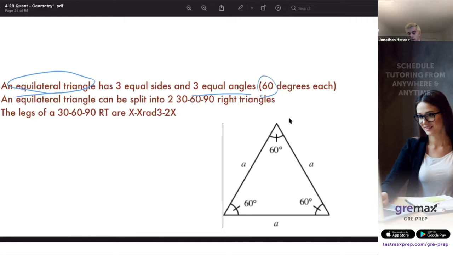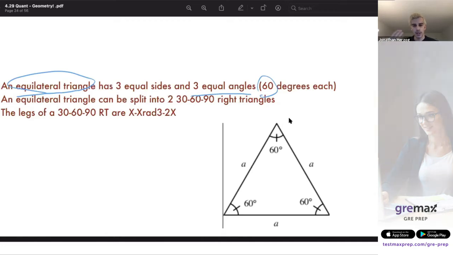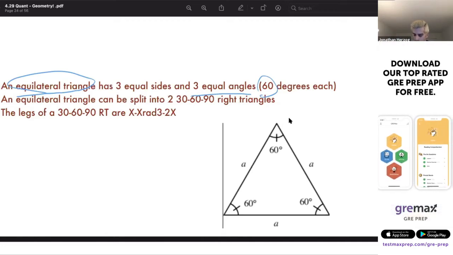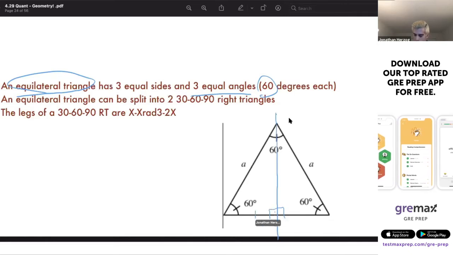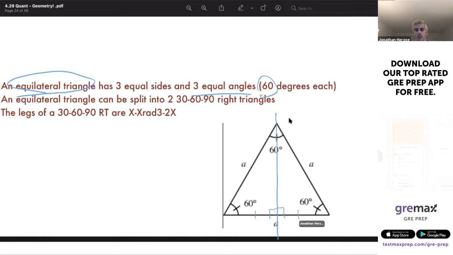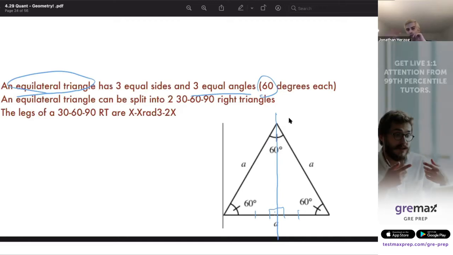So as it turns out, if we introduce a bisector, or a line that cuts another line, it meets in a perpendicular fashion, 90 degrees, but it cuts the other line into 2 equal portions, we can split an equilateral triangle where all 3 sides are equal into 2 30, 60, 90 triangles.